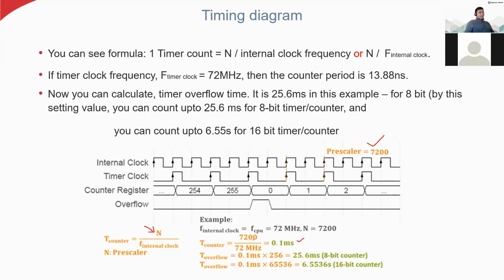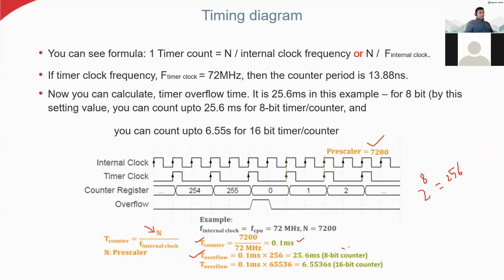Now that I know this value and also the number of levels, I can calculate T overflow, the time period for the overflow. That is equal to this value multiplied by the number of levels. If this is an 8-bit counter, then 2 to the power 8 is 256, that we know. Multiplying this, we get 25.6 millisecond.